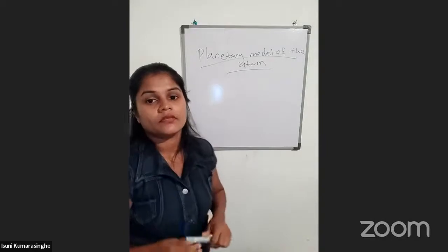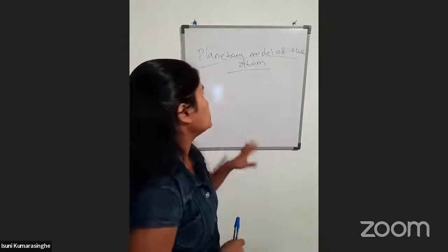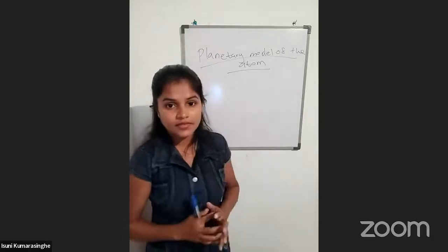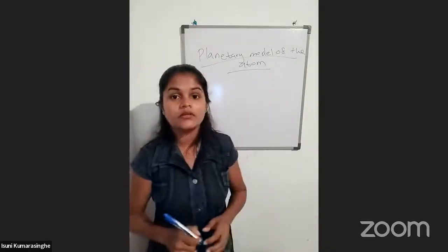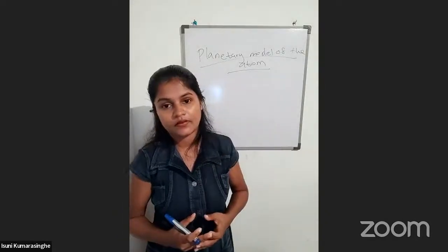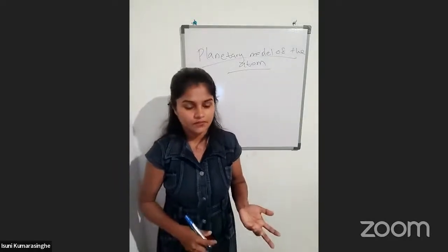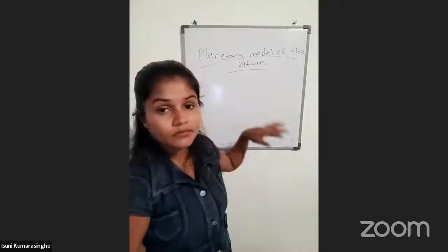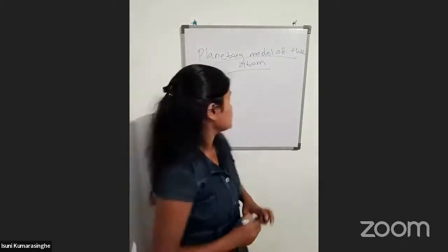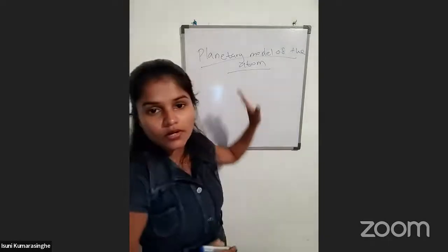You know, when we deal with chemistry, the scientists in the past, at the first stages, all tried to figure out what an atom is like. They tried to figure it out with structures or models. A New Zealand physicist called Ernest Rutherford studied and explained this planetary model of the atom.